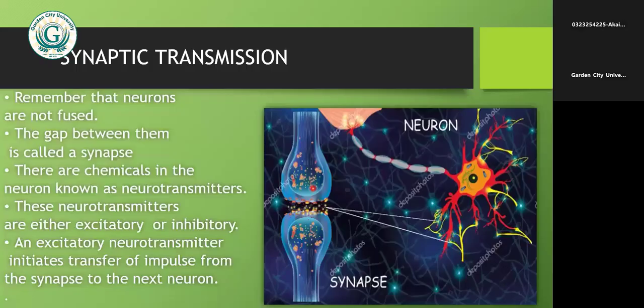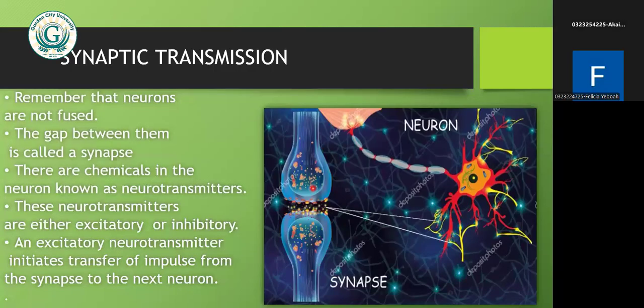Meaning, if the neuron is to release the excitatory neurotransmitters, the inhibitory part will be what? Will be blocked, will be inhibited, will be prevented. Does it make sense? Yes, doctor. Very good. And vice versa.